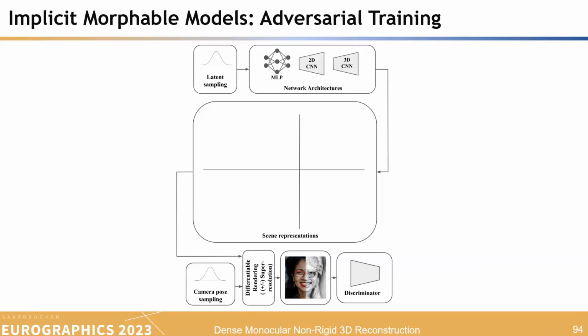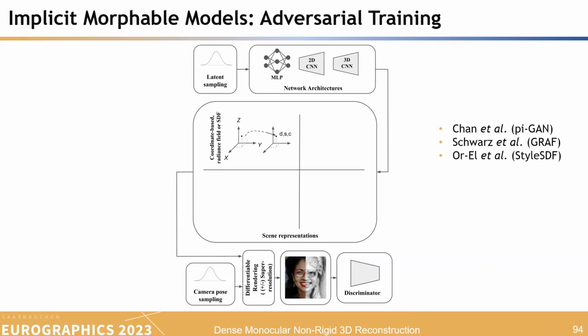There have been many methods in this category, which use different types of network architectures, MLPs, 2D CNNs, and 3D CNNs, based on the type of representation. The first set of methods used a NeRF sort of representation to regress the volumetric space using an MLP. But it is expensive to query an MLP at every point in space.